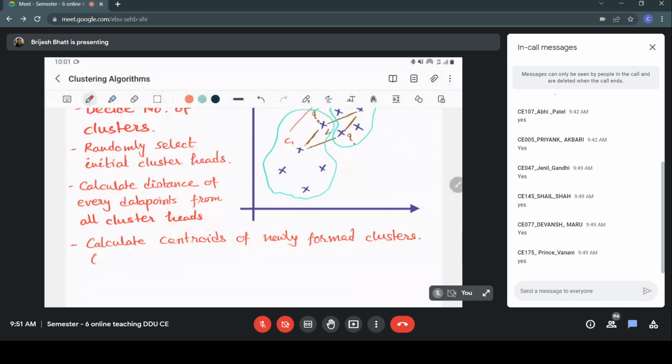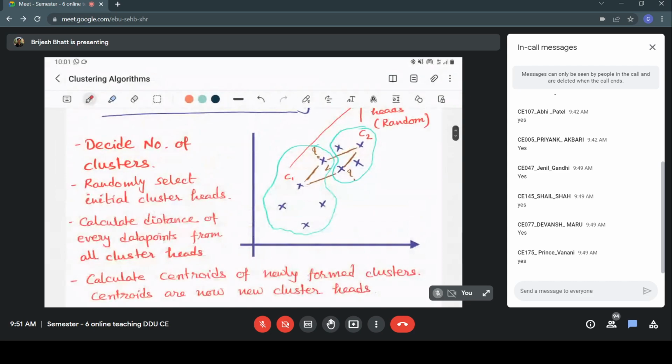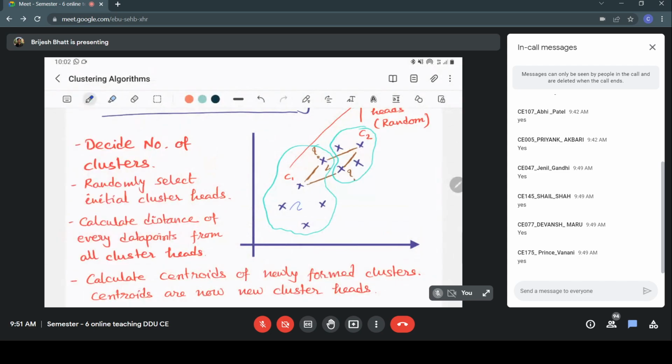That is, this centroid will become the new cluster head. So this is where the technique derives its name, right? We take the mean of these data points, we calculate all these vectors, we calculate the mean, and we make a new centroid.